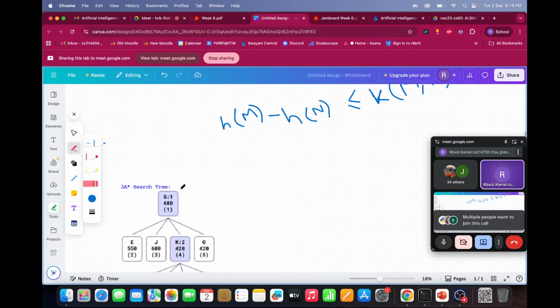I have the tree constructed with me, but let's reveal it step by step. The first node that we will start with will always be the S node, which is what we see over here. This is the first node to be inspected, and it has an f value of 480, which we get from the true cost plus the heuristic estimate, which we multiply by 3.